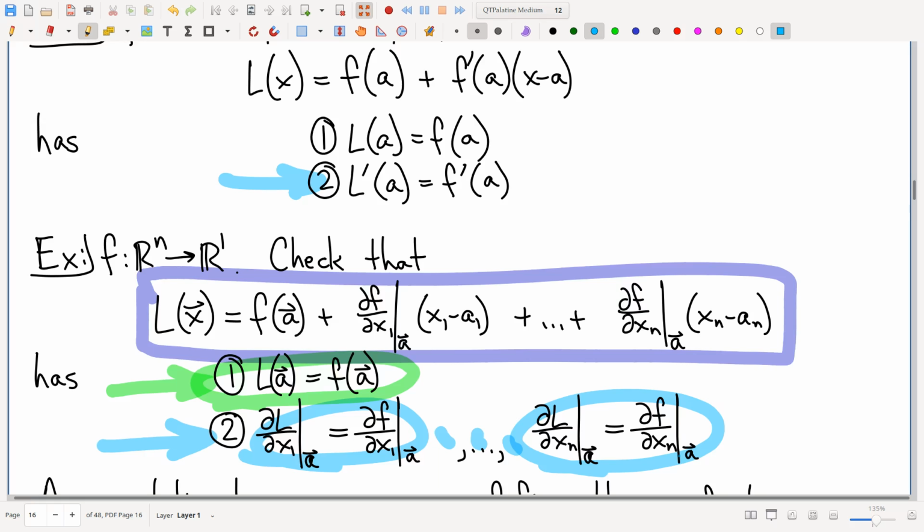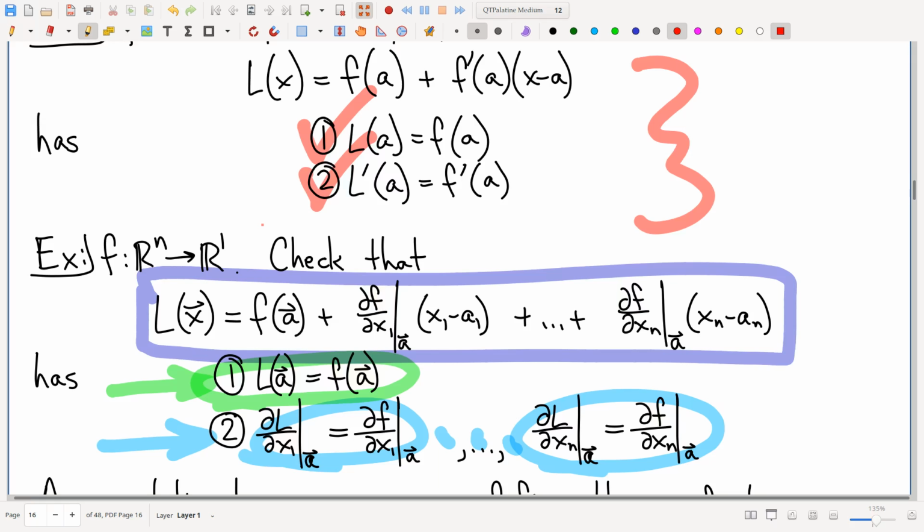I think this is a great exercise for y'all to think through for yourselves. I would encourage you to start by asking yourself to confirm these two properties for that given function. It's just plug and chug, but make sure you can do this. Make sure you can take this formula for L and confirm that its value and its derivative at the point A agree with f.